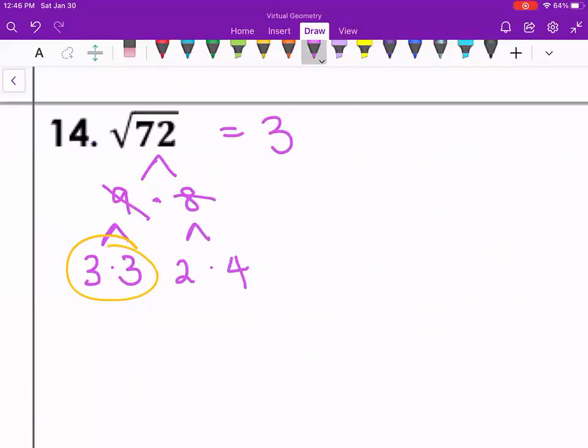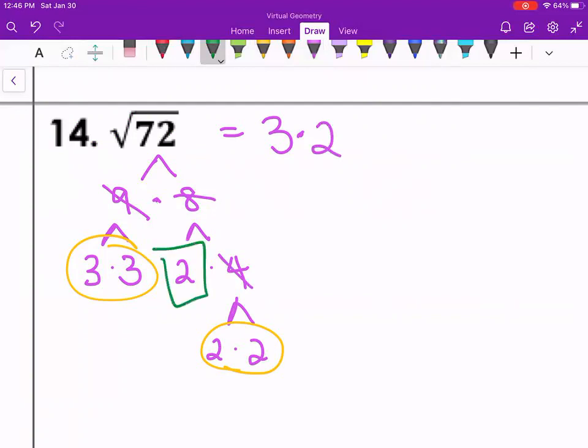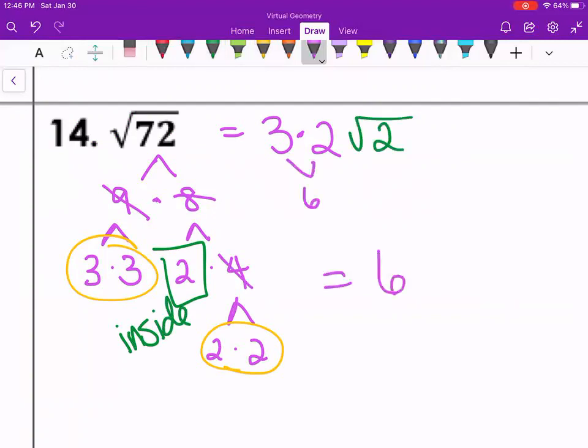My 2 is done, but 4 can go farther to 2 times 2. And again, there's another pair that can come out front. My 2 is left over inside the radical. So again, my 3 times 2 becomes a 6. So 6 square root 2, my final.